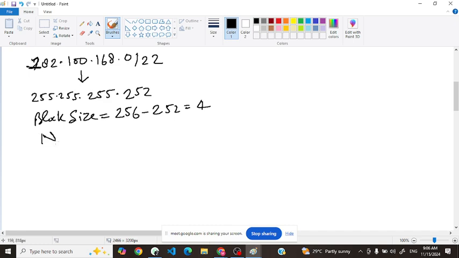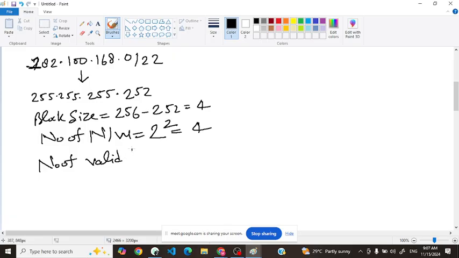Number of networks: 24 minus the last C is 2, 2 to the power of 2 is 4. Number of valid hosts per network: 2 to the power of 10 minus 2.